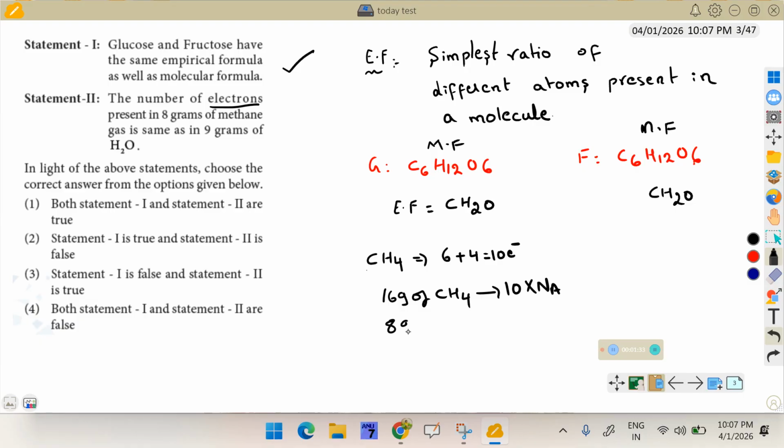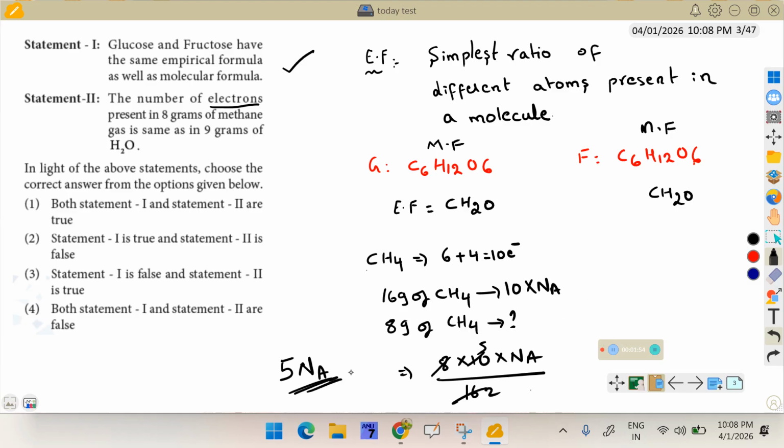Then 8 grams of methane contains how many electrons? 8 into 10 into Avogadro number by 16. So 5 into Avogadro number of electrons here.